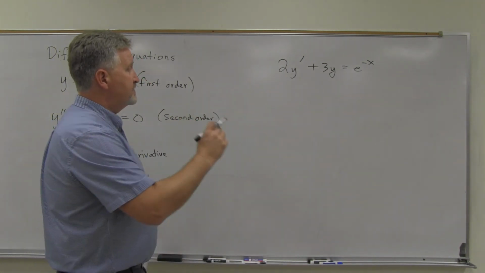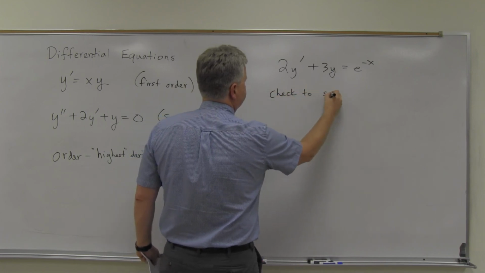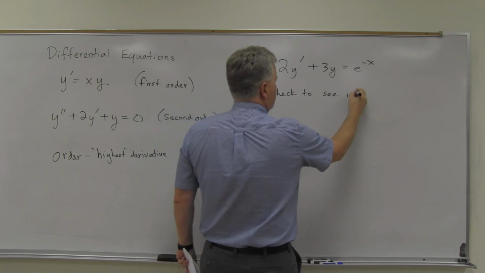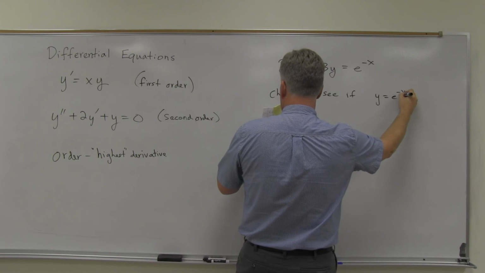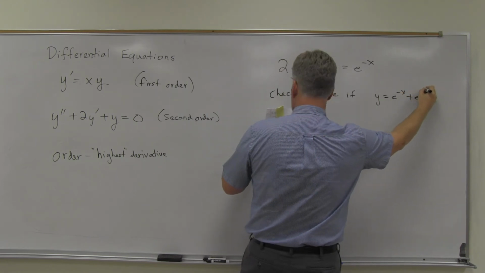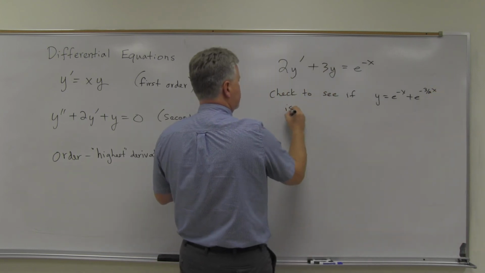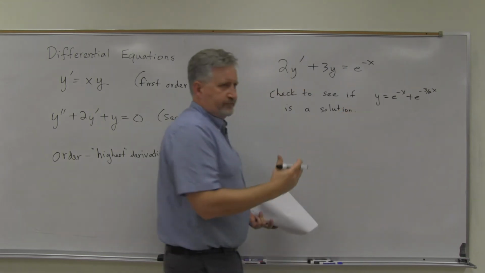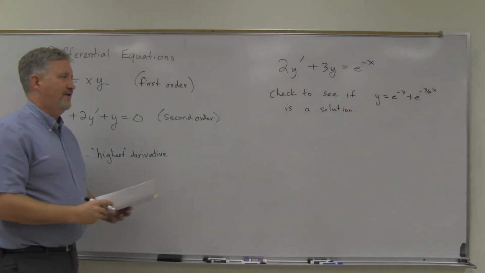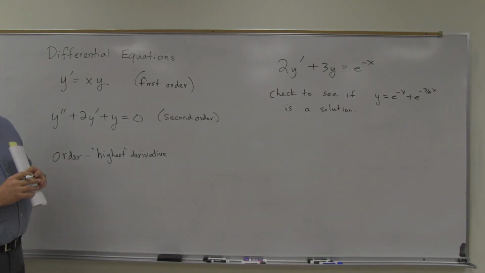In this particular case, let's verify that y equals e to the minus x plus e to the minus 3/2 x is a solution. We'll talk about how we might come up with that particular equation, but let's just check that it is a solution.